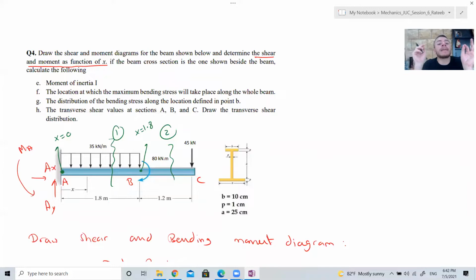What is the range of variation of x between B and C? From here to here.